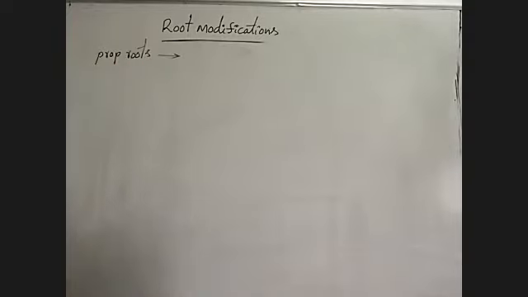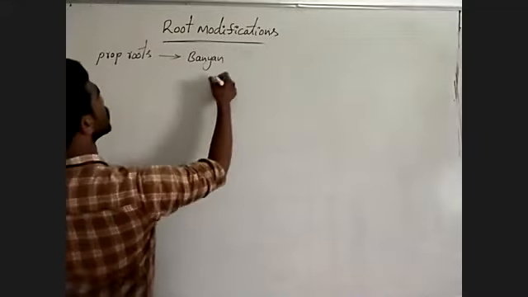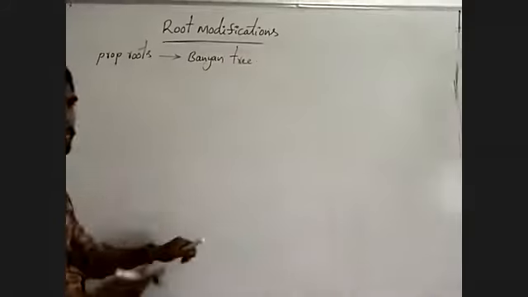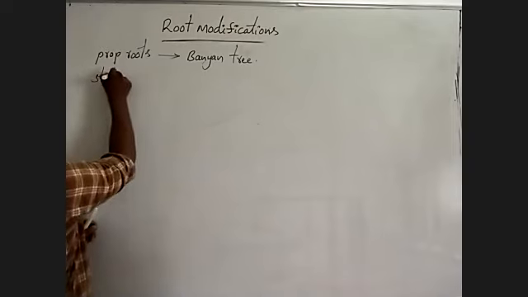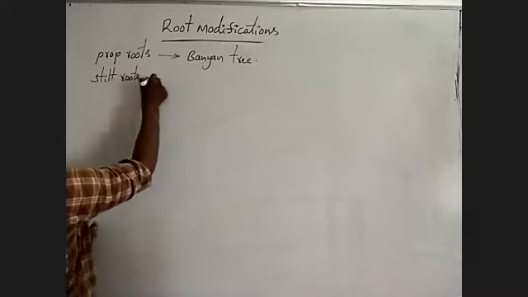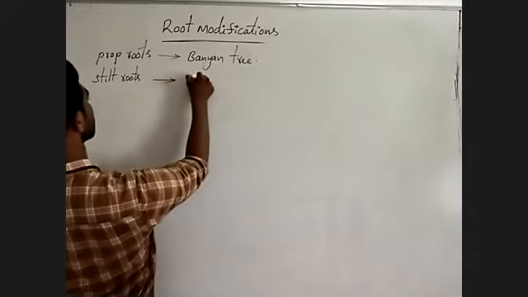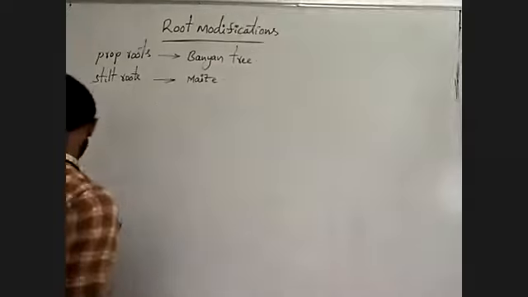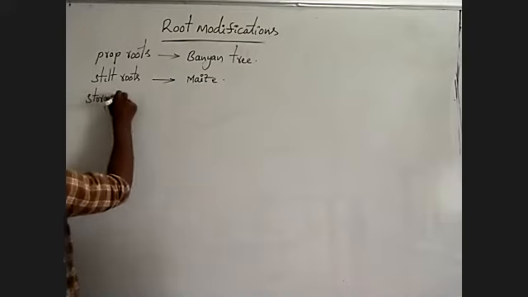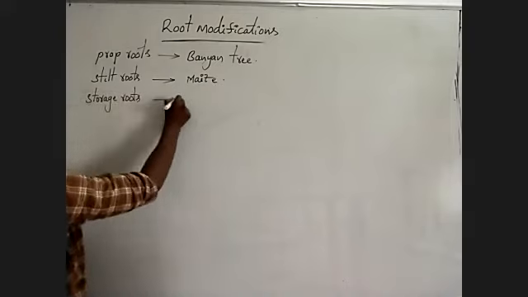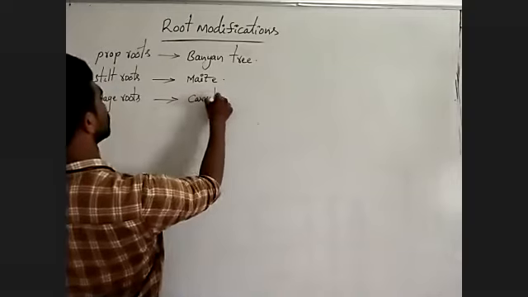Example, banyan tree. Next, stilt root, maize. Storage root, carrot.